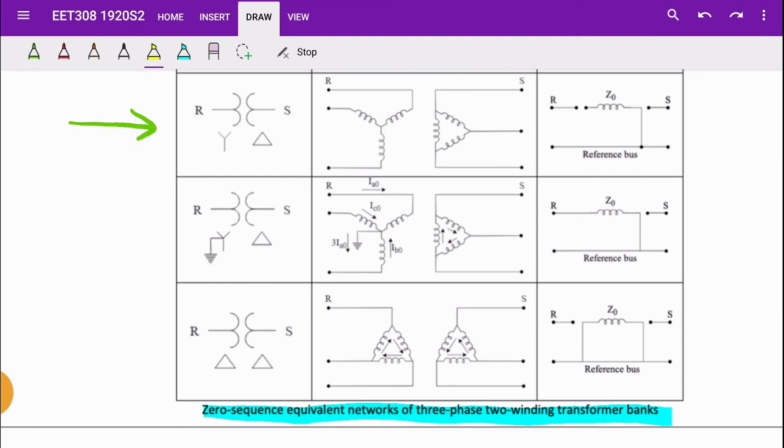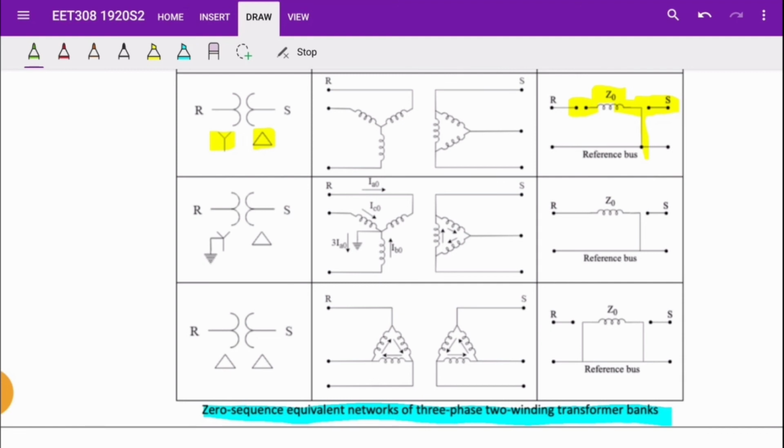For this type of connection, the winding on R side is similar to first combination. Thus, the impedance Z0 is not connected to node R. Next, there is no ground connection for delta winding. So, the impedance Z0 also not connected to node S. But for every delta connection, impedance Z0 will always be connected to the reference bus.